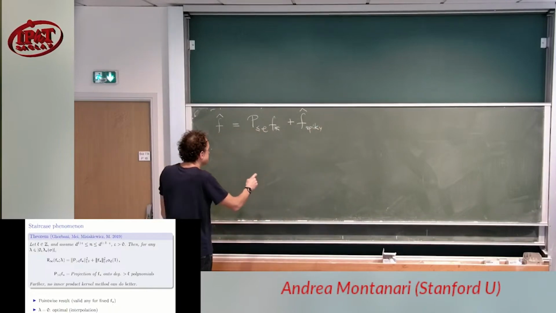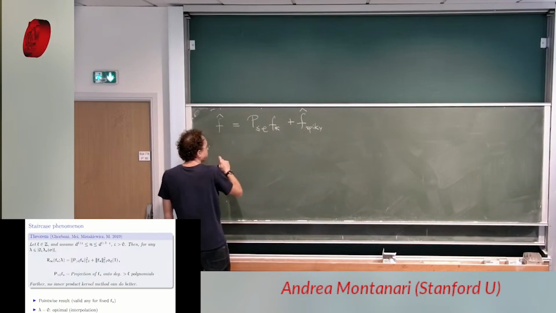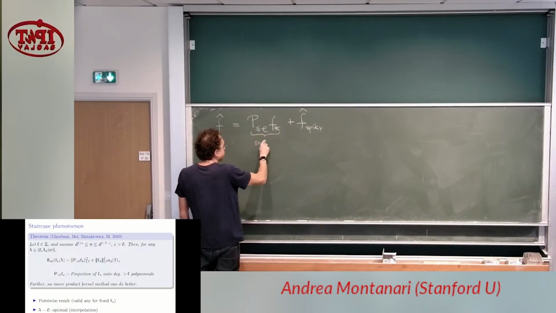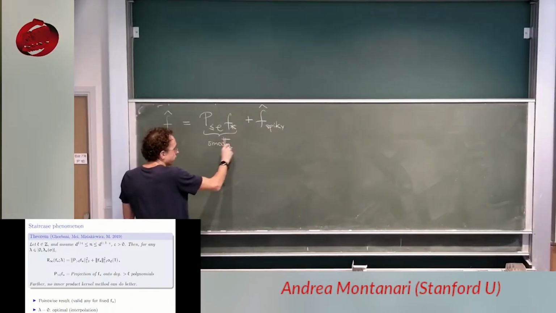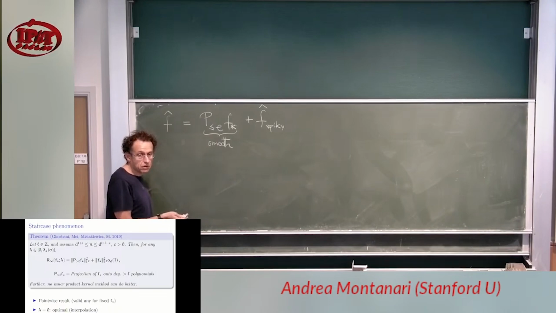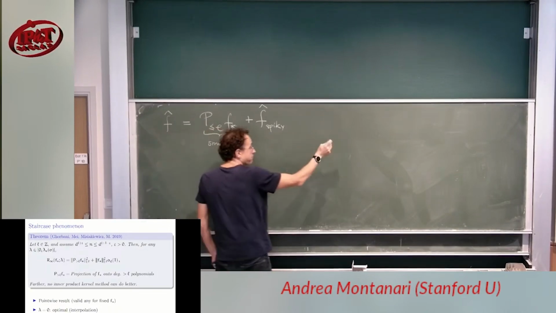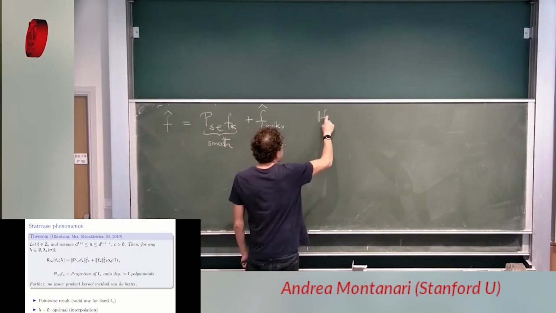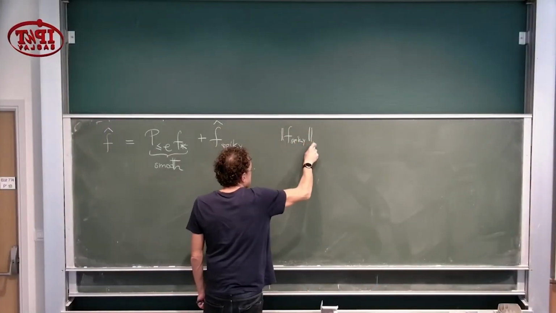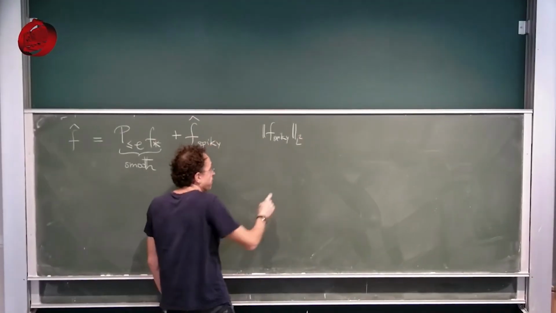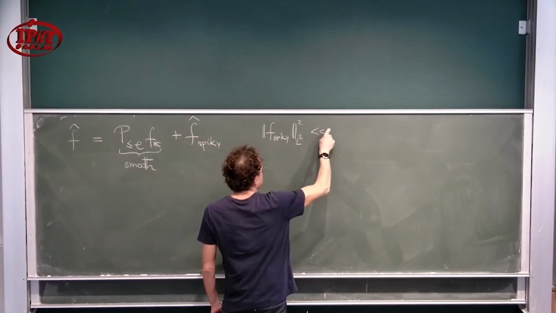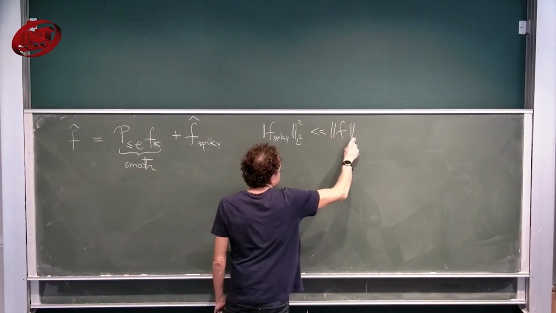What we know from these results is that this part you can think of as a smooth component of the function that I'm fitting, just a low degree polynomial. And f spike in L2, so the variance of this guy, is small. It's much smaller than f.